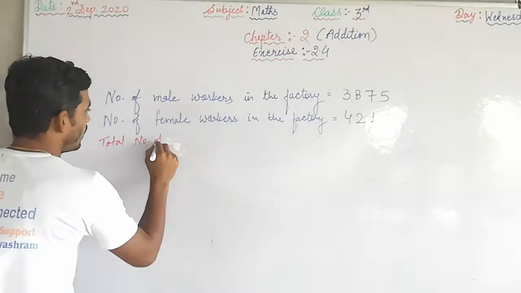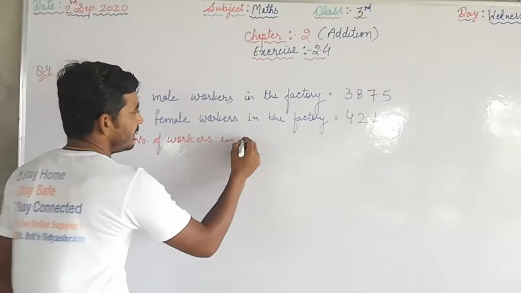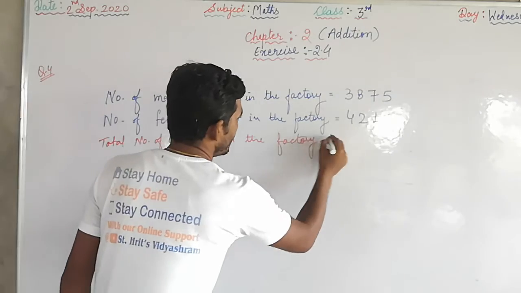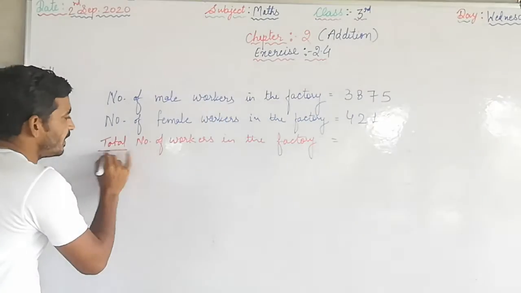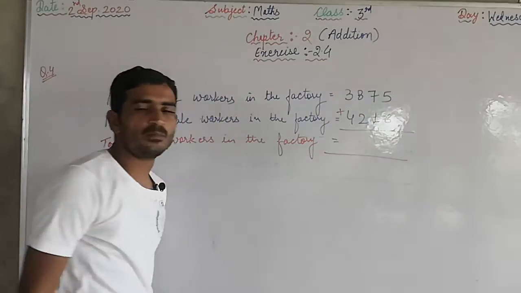Then you have to find the total number of workers working in the factory equals to, you have to underline this word only. How you find the total number of workers?